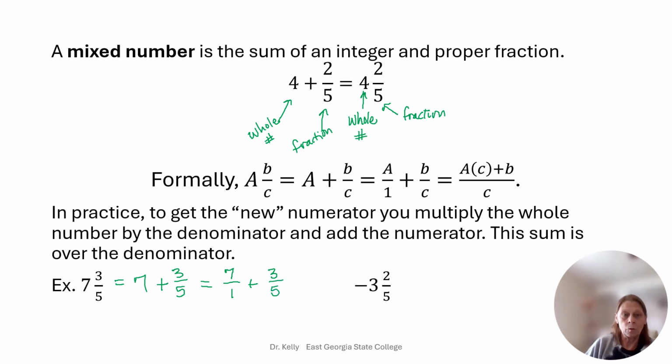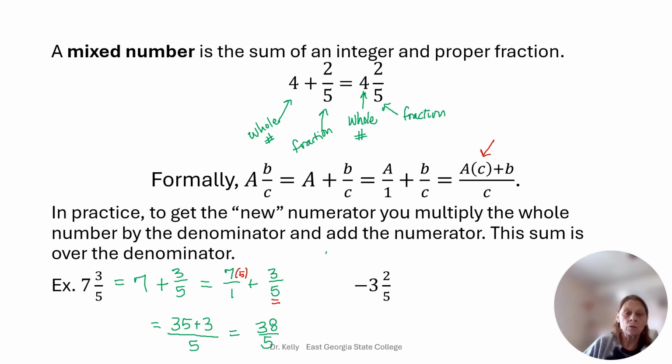Now to put those together, we get the same common denominator, and in this case, it's 5. So this has to be multiplied by 5, which is what it says is going to happen right here. That leaves us with 35 plus 3 all over 5. So as an improper fraction, this is 38 over 5.